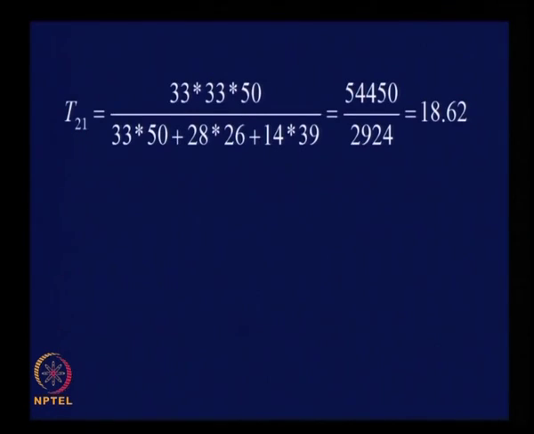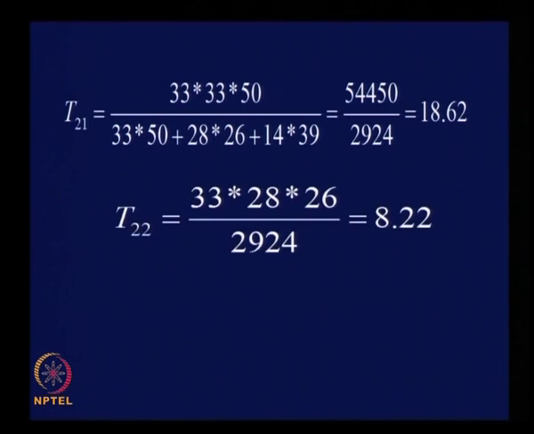Whole divided by 33 into 50 plus 28 into 26 plus 14 into 39, that gives you a value of 18.62 trip interchanges between 2 and 1. T22, intrazonal trip interchanges in zone 2, 33 into 28 into 26 whole divided by the same denominator 2924 gives a value of 8.22.